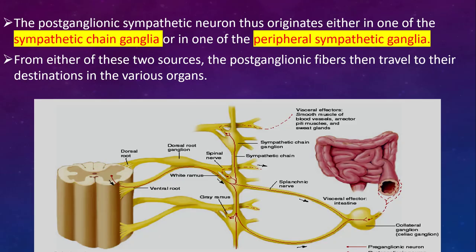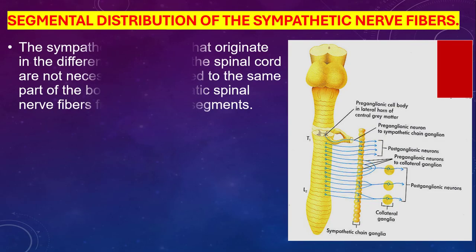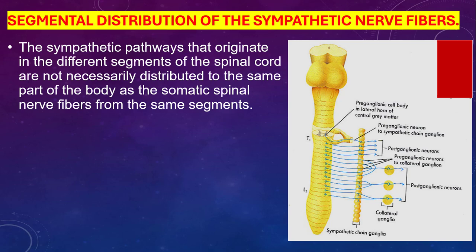So there are two types of ganglia outside of the vertebral column. One is the sympathetic chain and the other is the peripheral sympathetic ganglia. So the postganglionic neuron may either synapse in the chain ganglia or in the peripheral sympathetic ganglia. From either of these two sources, the postganglionic fibers then travel to their destination in various organs.